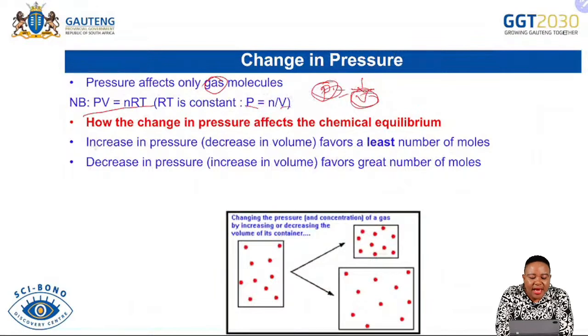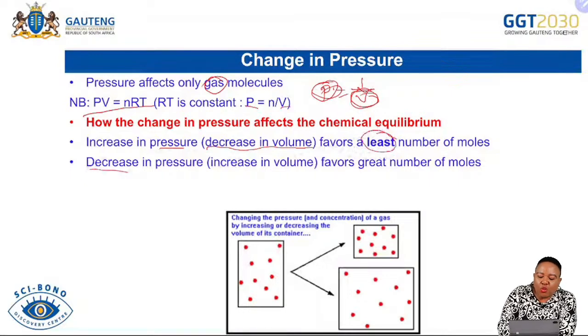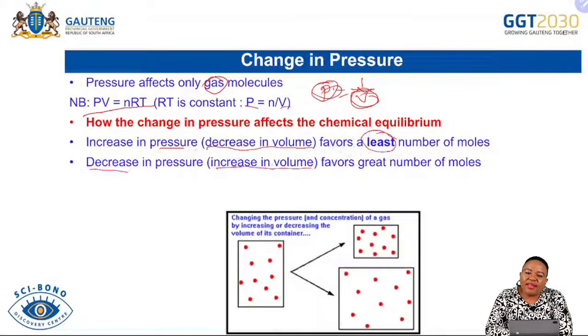So an increase in pressure is when you decrease the volume, and that kind of disturbance will favor the reaction with the least number of moles. But you decrease pressure when you increase volume. We must not be confused and think that volume itself is affecting equilibrium.